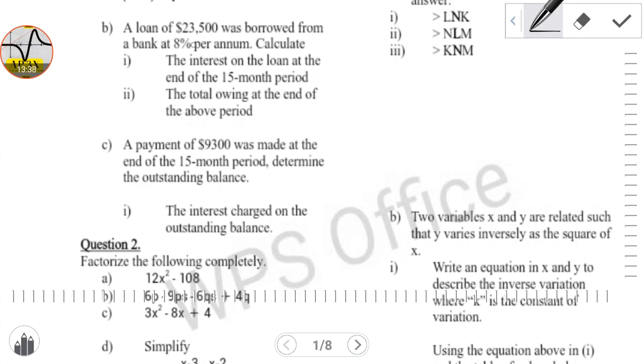For example, if you're going to borrow a loan of $23,500, would you expect that the interest would have been 280 something thousand or 233 or 35,000? I find that a lot of students, as they calculated, didn't really understand the figures that they were getting. So let's look into this question and see what happens.